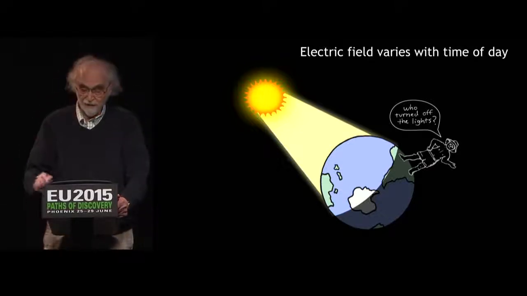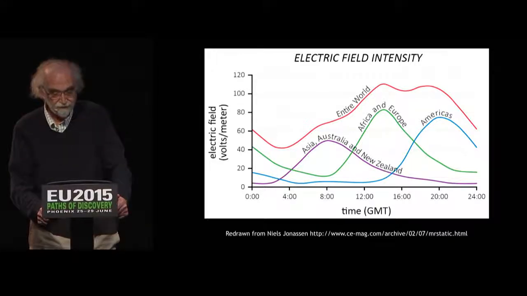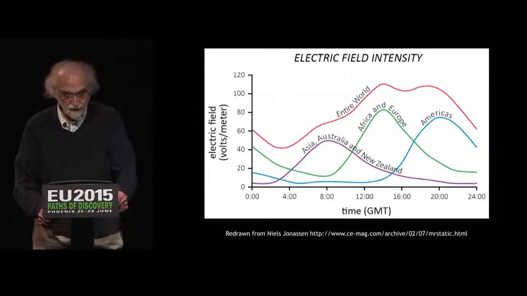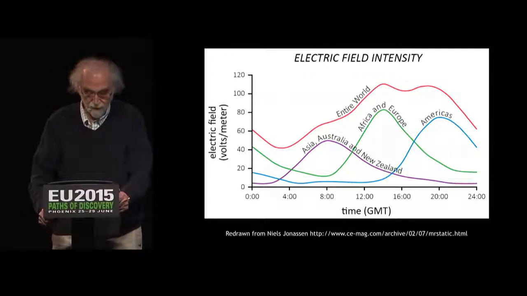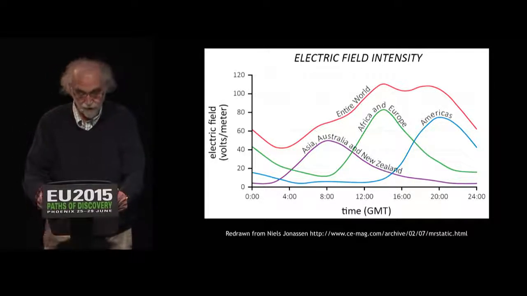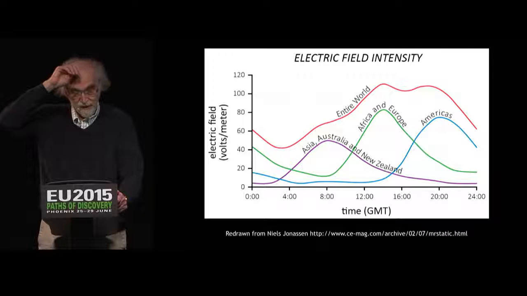And the evidence for that is right here. So this is a plot. This is a bit complicated, but on the abscissa, you have time. And if you look right in the middle at 12 o'clock, that's noontime GMT. That would be Greenwich, okay, in England. And the electric field that was measured up in the air.